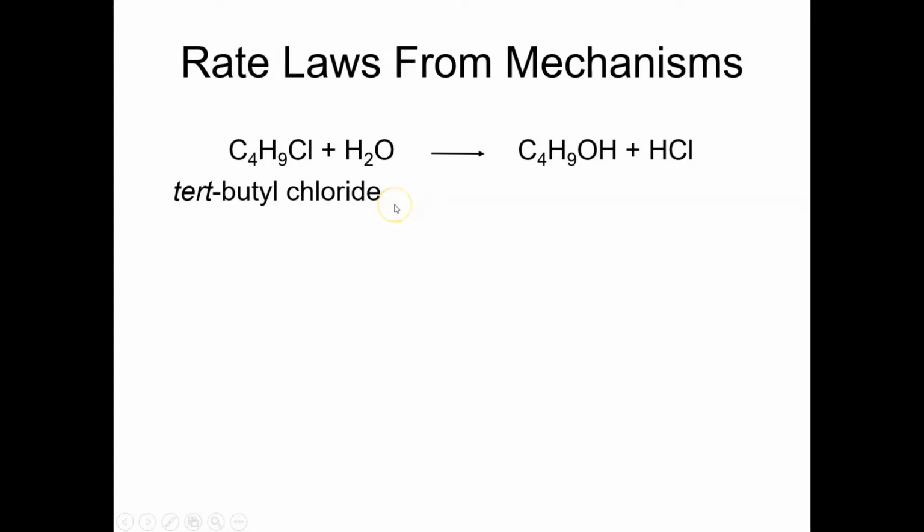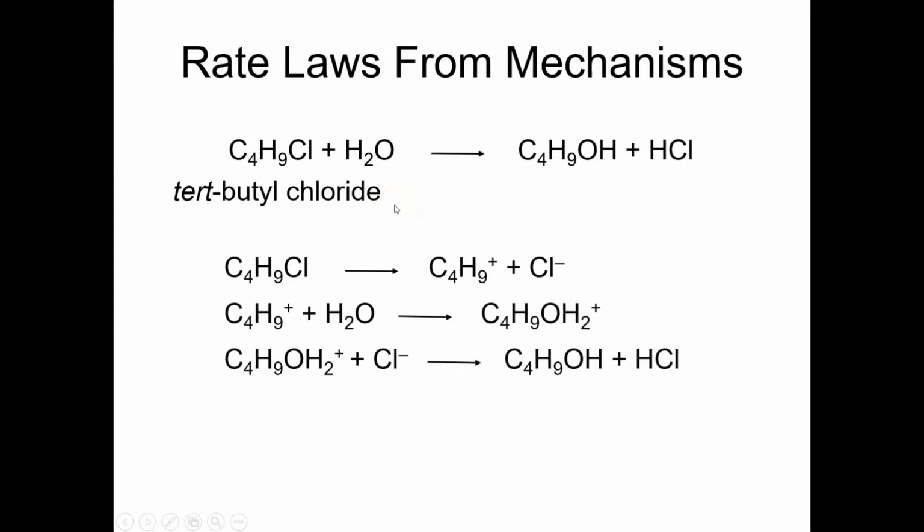Here's the overall reaction. It turns out that this is the mechanism. It's a three-step mechanism. In the first step, tert butyl chloride decomposes into what's called a tert butyl cation and a chloride anion. In the next step, the tert butyl cation reacts with water to give this new cation, which is simply a combination reaction of the tert butyl cation plus water, but it is also charged.